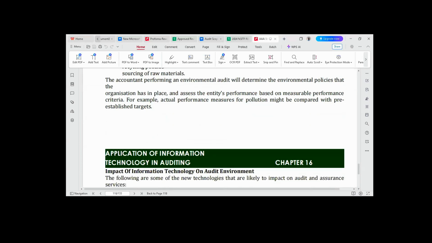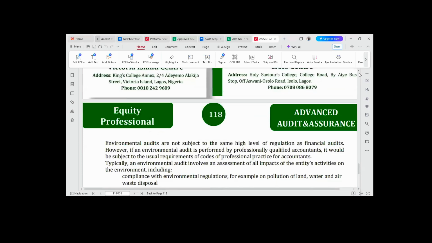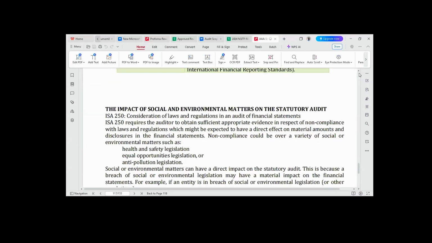Then we look at the other one, social reporting. Now, in social reporting, the auditor will want to look at how the company has contributed to improving the economic welfare of the host community.